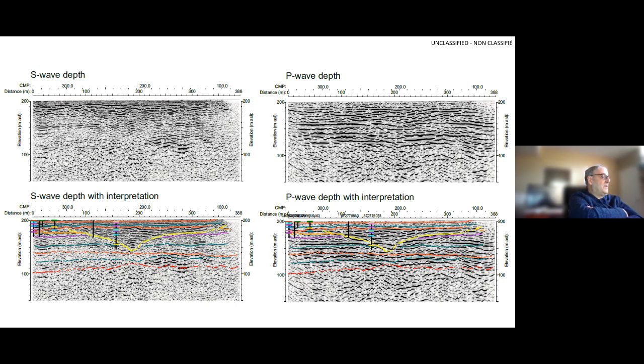What we see on the lower interpreted profile is that there is a sort of channel structure that shows up in the seismic reflection, either in the S wave or the P wave. The S wave had better resolution to see that.